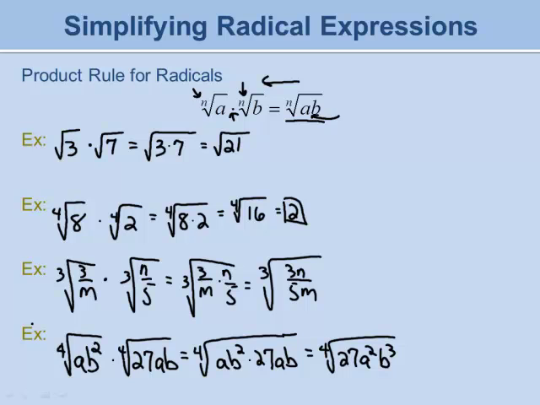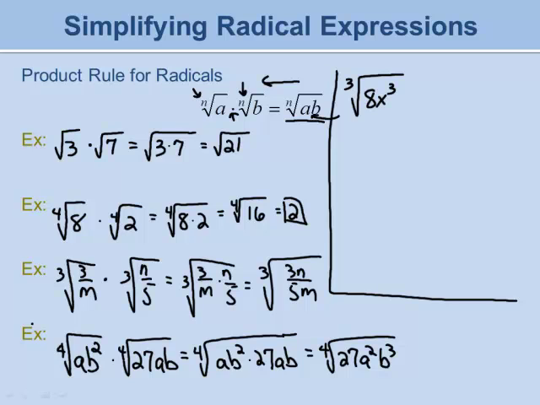All right, now let's look at one more example up here in the upper right-hand corner. Let's say that you were trying to simplify this problem: the cube root of 8x cubed y to the 6th. For this particular example, using this product rule of radicals in reverse is actually going to help us simplify it.